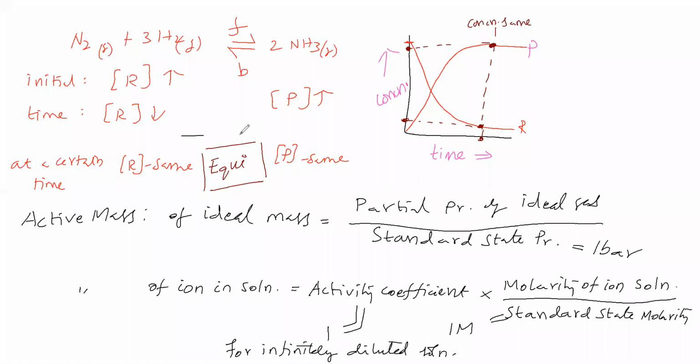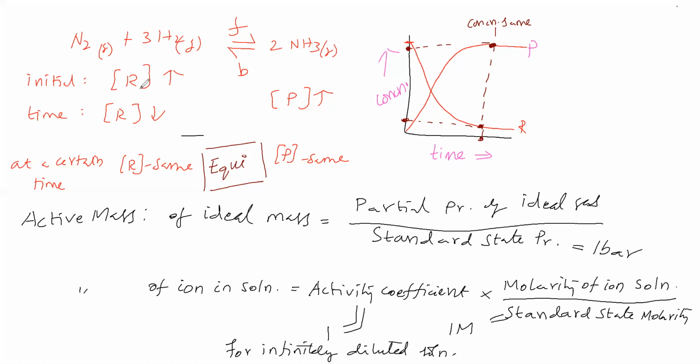Now how will the rate of forward and rate of backward be? That we'll see. As per the law of mass action, the rate of forward reaction is directly proportional to the concentration of reactants. Initially, how is the concentration of reactant? Maximum. Therefore the rate of forward is initially maximum.